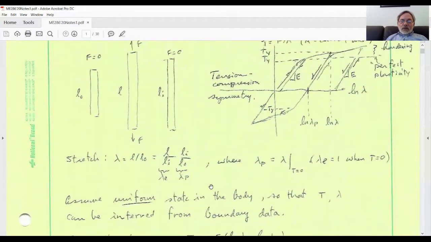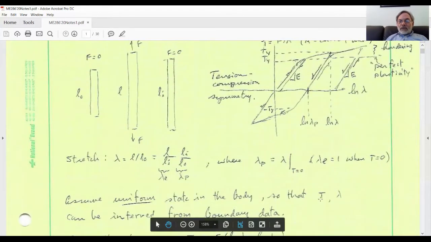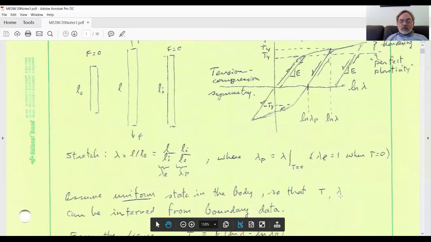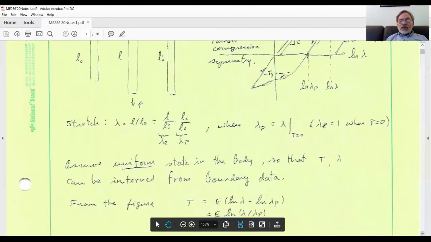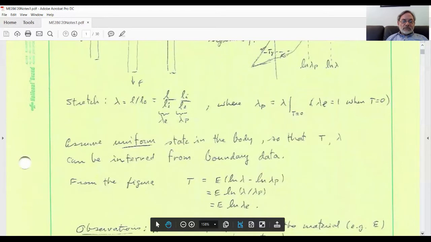Otherwise, in the non-uniform state, all we have is that the integral of stress over the cross-section is the force, and lambda is really then a function defined pointwise in the material. In the event of a uniform state, we can correlate that with boundary data.